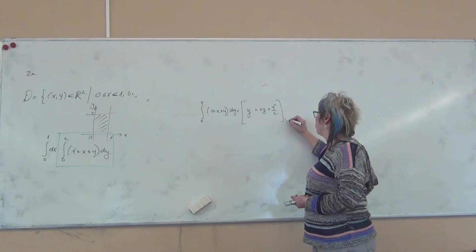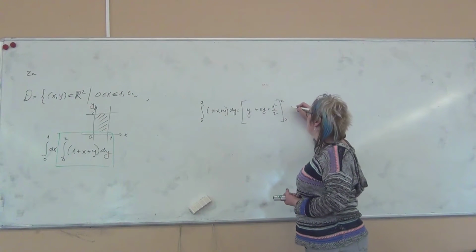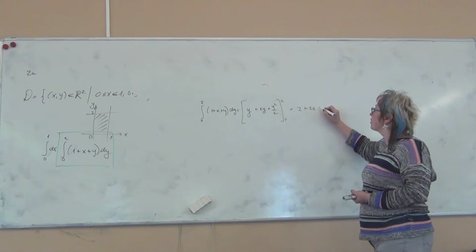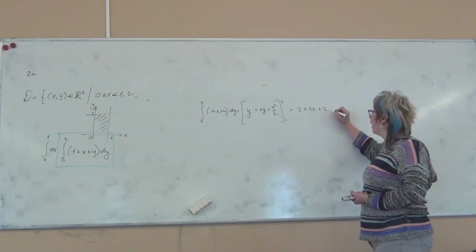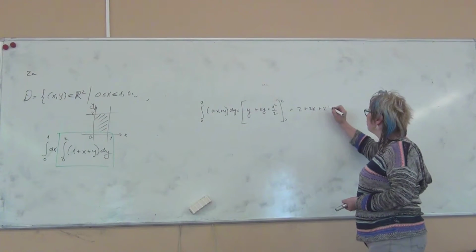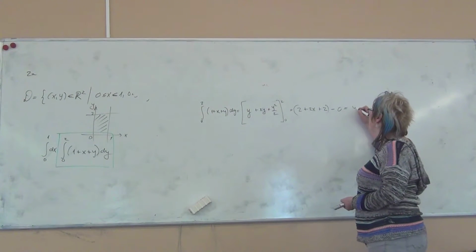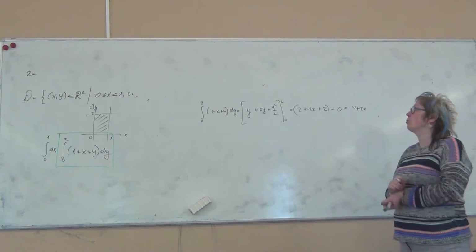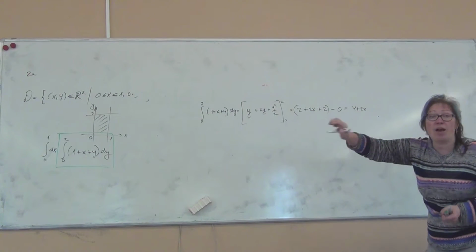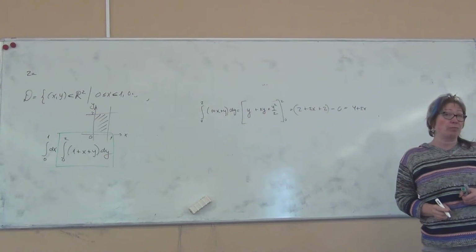Now y from 0 to 2, we have 2 plus 2x plus 2 again, minus everything is 0 for y. So what we see is 4 plus 2x, or 2x plus 4, which is the expression we now have to integrate by dx.